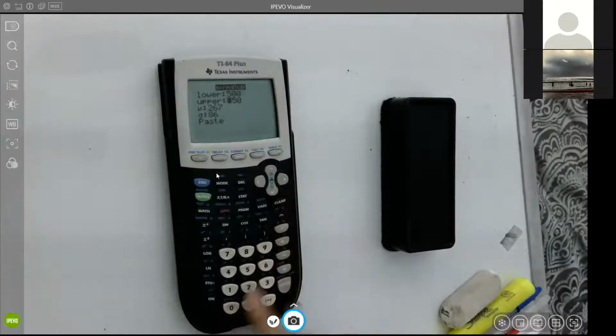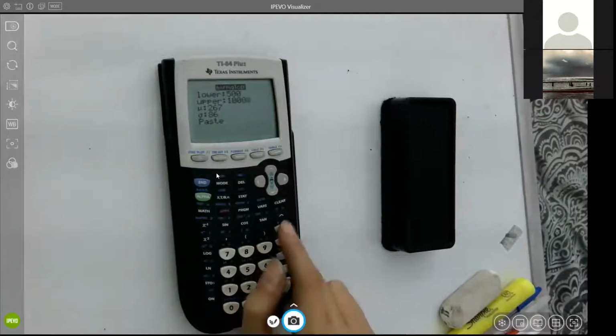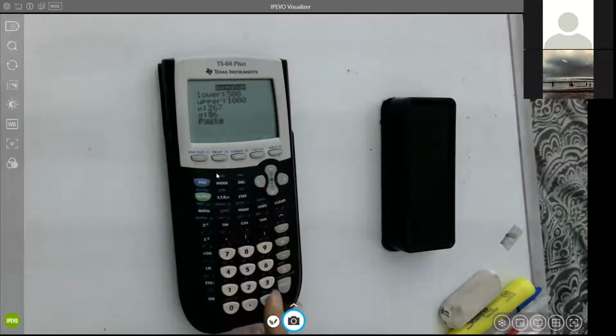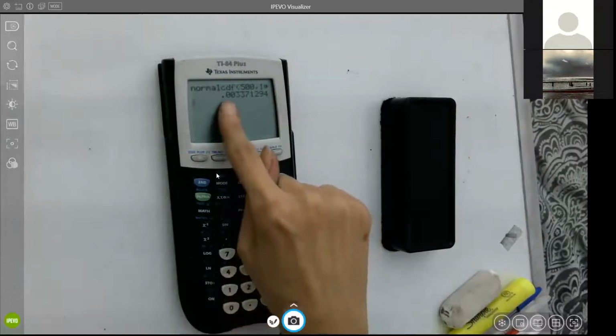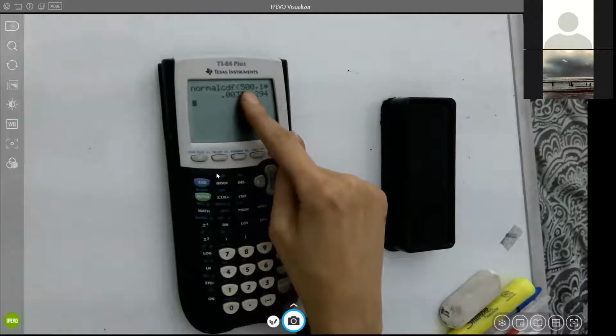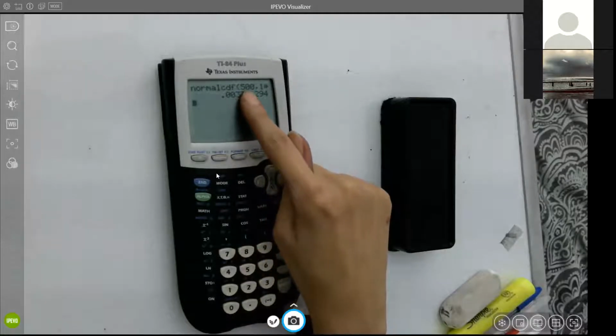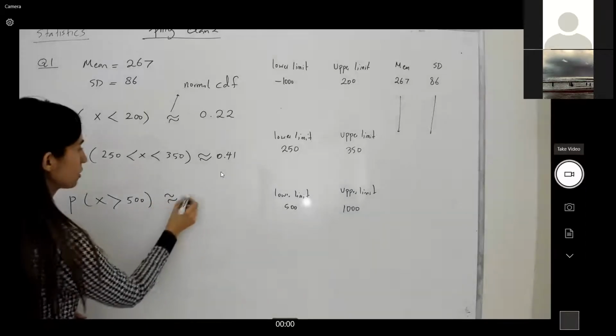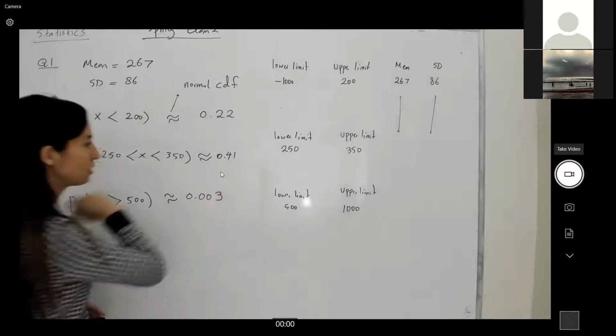It goes to a very large number like 1,000. Mean stays the same, standard deviation stays the same. So we get a very small number, 0.003. Almost 0.003.